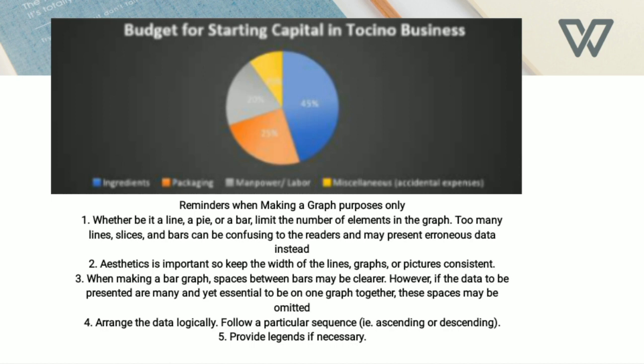However, if the data to be presented are many and yet essential to be on one graph together, these spaces may be omitted. Fourth, arrange the data logically, following a particular sequence, ascending or descending. Fifth, provide legends if necessary.